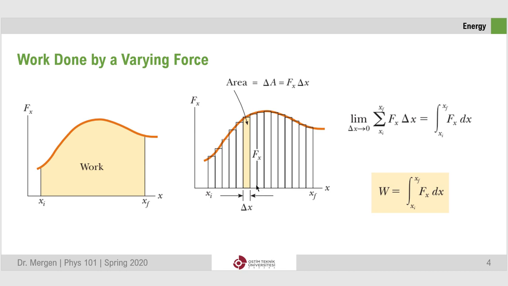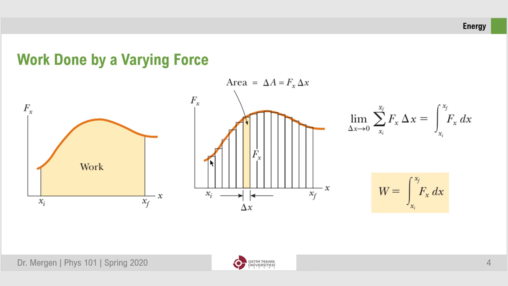In the previous example, the force that is doing work on the particle was constant. So if the force is varying with respect to time or the position of the particle that is being affected by that force, what should we do? We are going to use calculus to calculate the work done by that force.